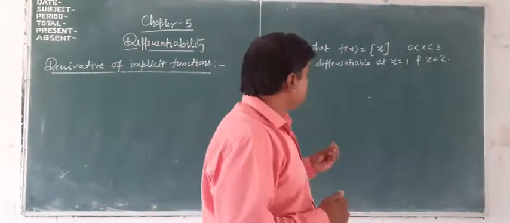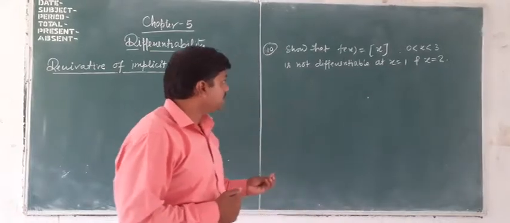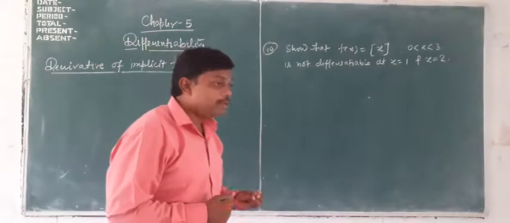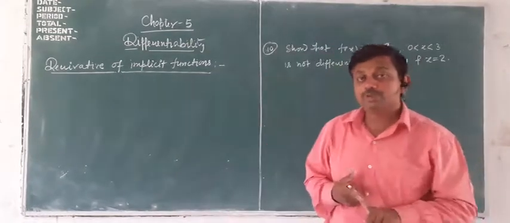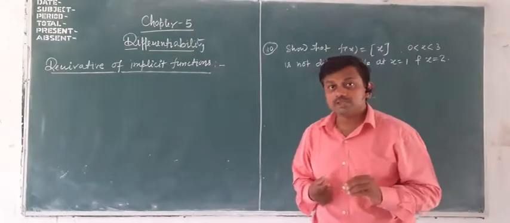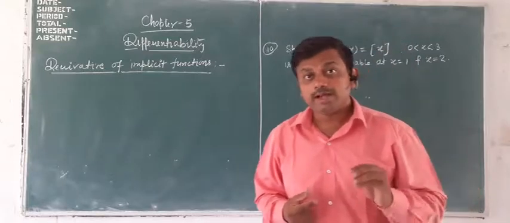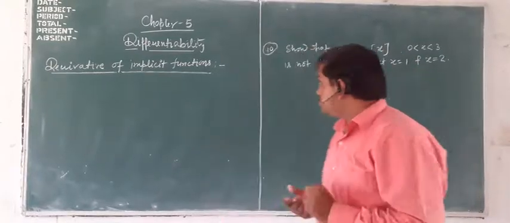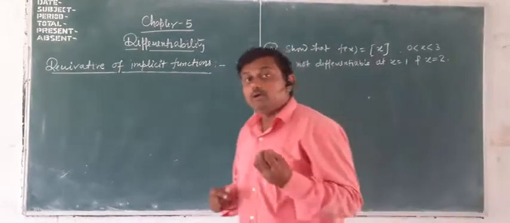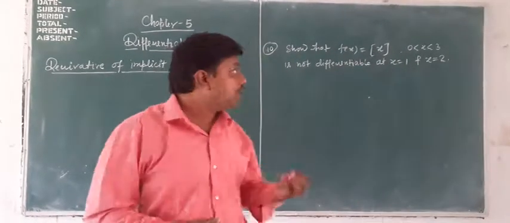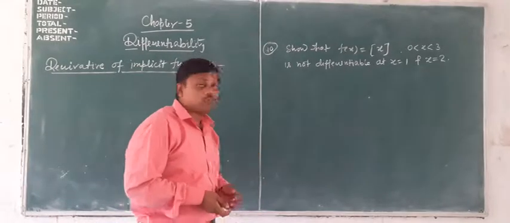So, we shall discuss the differentiability of that function at x equal to 1. In my previous video, we already discussed the differentiability of the modulus function, mod x minus 1, at x equal to 1. In this case, we shall discuss the differentiability of the greatest integer function at x equal to 1 and x equal to 2.